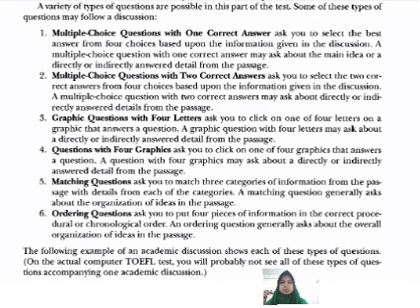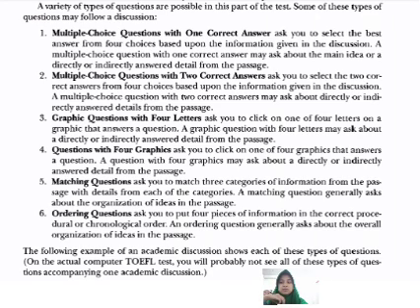Second, multiple choice questions with 2 correct answers ask you to select the 2 correct answers from 4 choices based upon the information given in the discussion. A multiple choice question with 2 correct answers may ask about directly or indirectly answered detail from the passage.